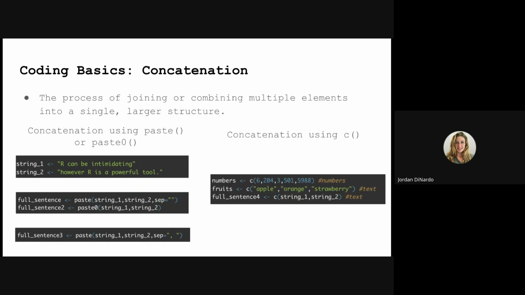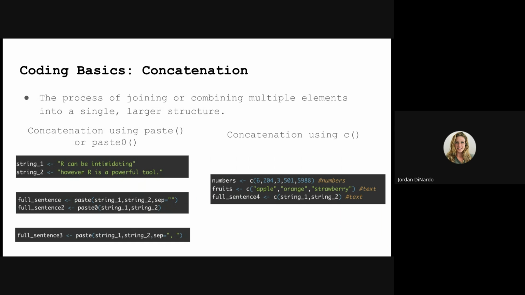Okay. So that was using paste. Another way to concatenate variables is using c, I assume short for concatenate. So say, for example, we have a string of numbers here, all within this c function, and we've assigned it to this variable called numbers. Out pops a string of these numbers.